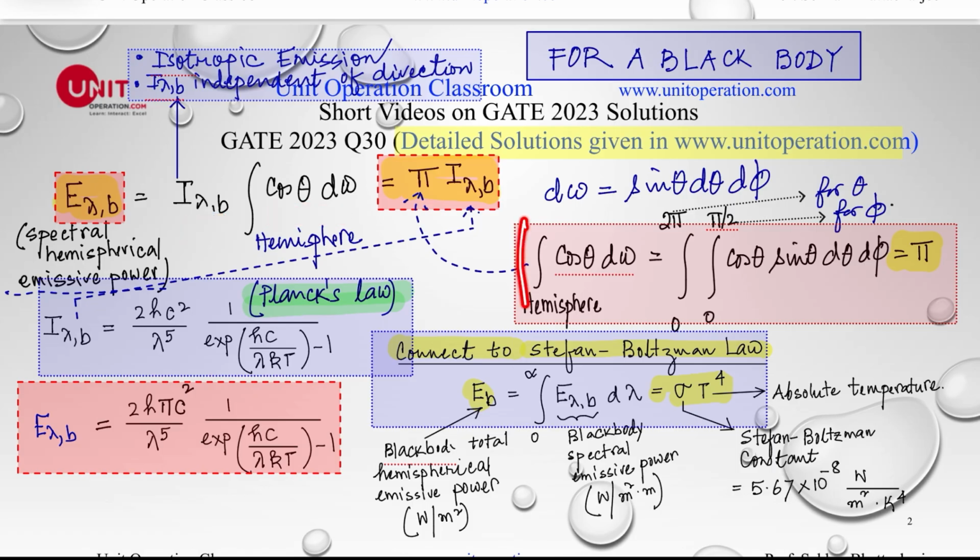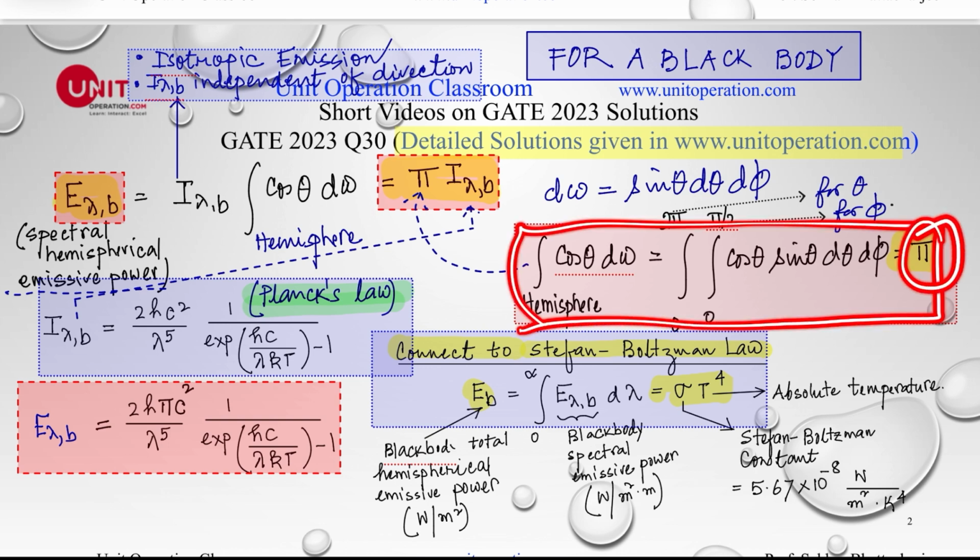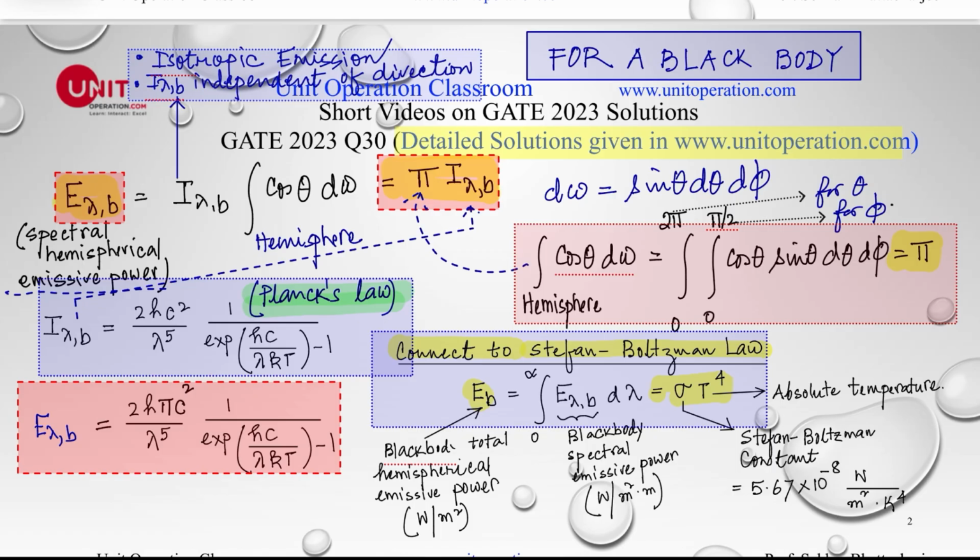If we integrate cosine theta d omega over a hemisphere, this becomes equal to pi. That integration is given in the textbook, between 0 to 2 pi for the azimuthal angle and 0 to pi by 2 for the polar angle. So if we assume this to be independent of the direction, E lambda B is equal to pi times I lambda B.